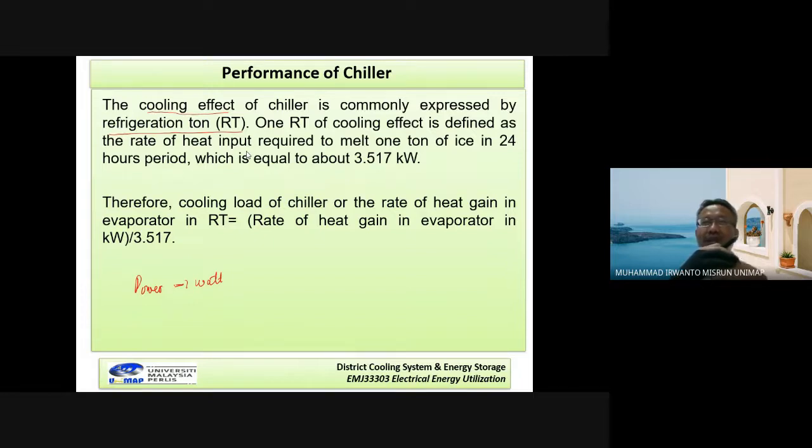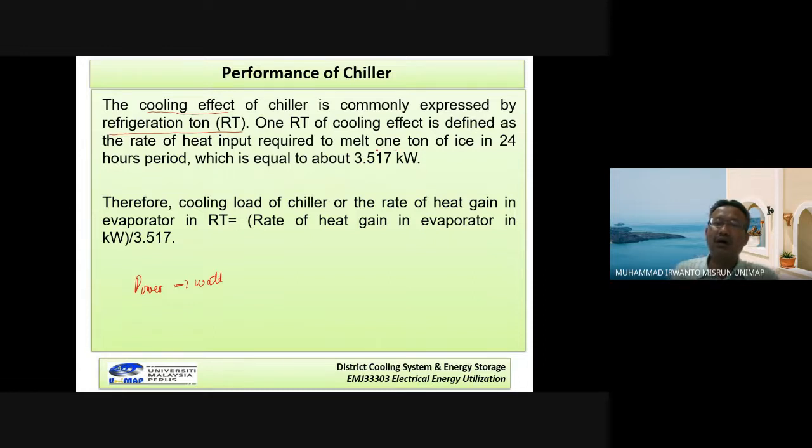It means the heat input needed to melt around 1 ton of ice in 24 hours. And this value is around 3.517 kilowatt, understand here.